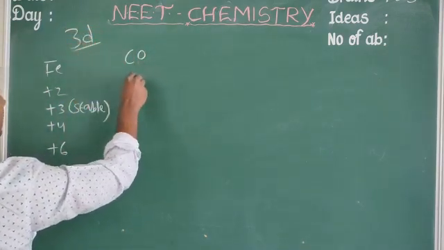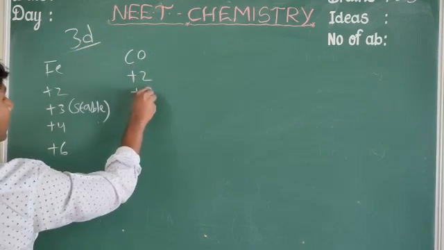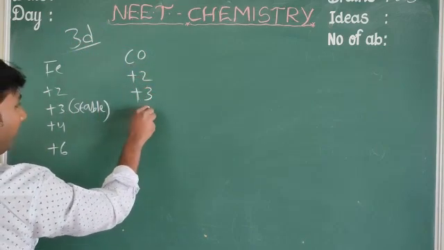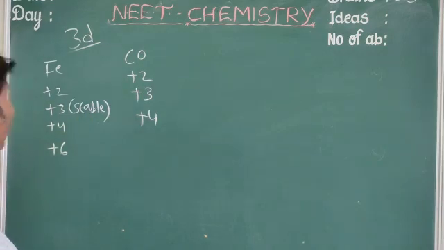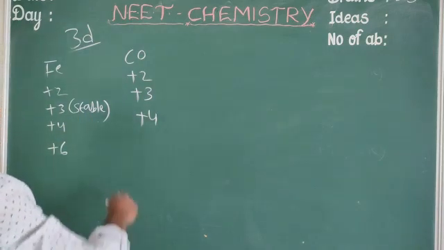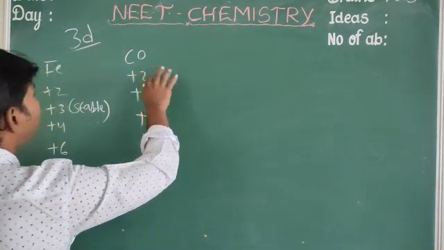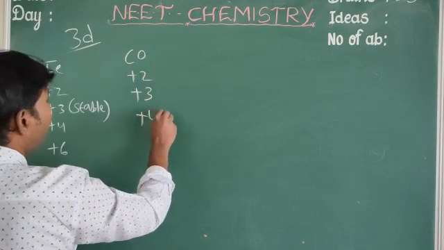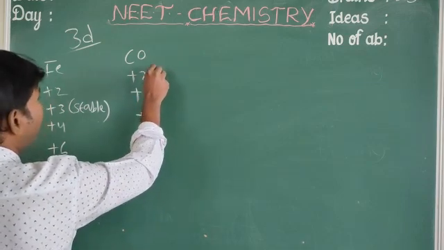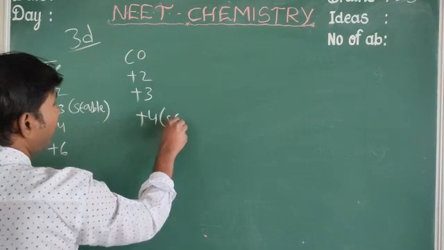Cobalt shows +2, +3, +4, up to +4 only. Okay, 3d7, +4 is stable, and +2 is also somewhat stable.